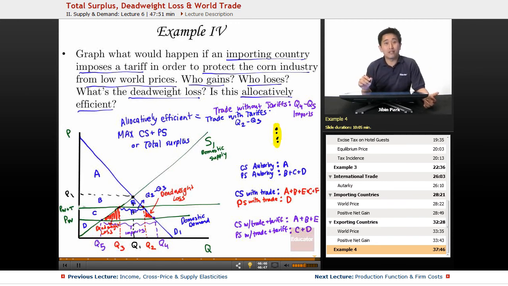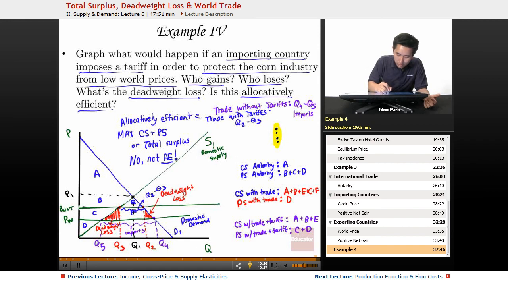So when you add a tariff, is that allocatively efficient? And this is a very clear and resounding no. Not allocatively efficient. And why not? It reduces total surplus.